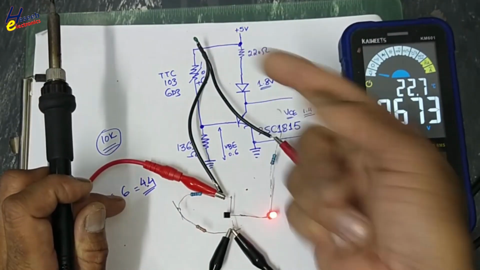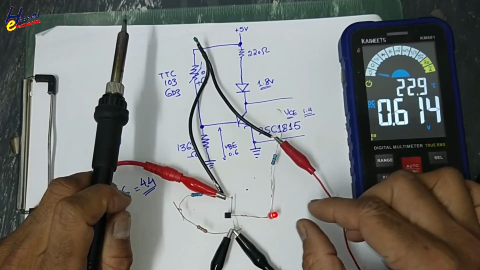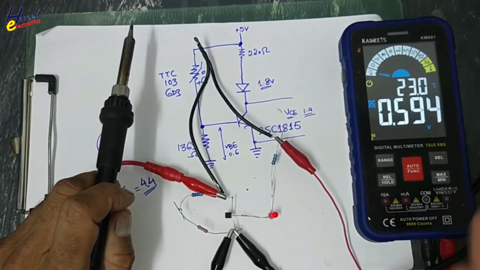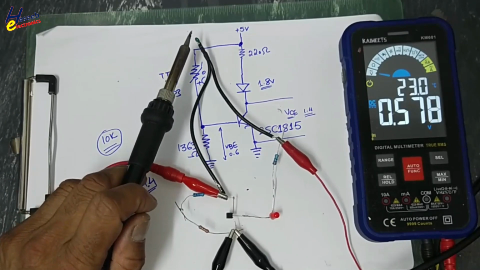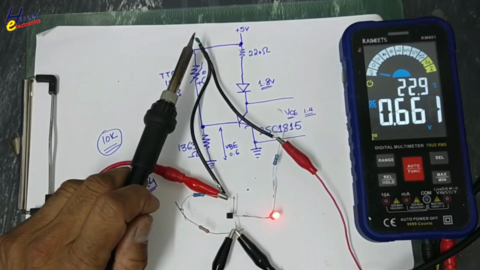When it will cool down, LED will turn off. We can add any sound warning, or we can activate any other circuit. When temperature will increase, this LED will become full bright.